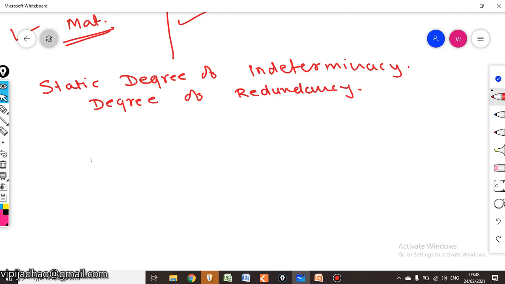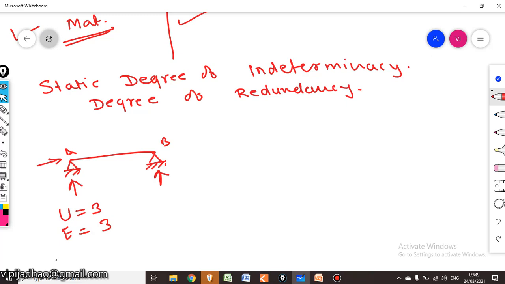Let us consider a beam like this. We have three unknowns here: a vertical reaction, a horizontal reaction, and one vertical reaction at point B. So the total number of unknown reactions is 3, whereas we have 3 equations of equilibrium for a two-dimensional structure.